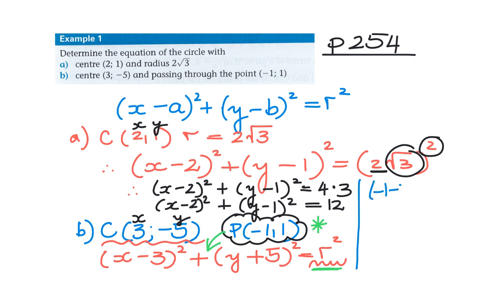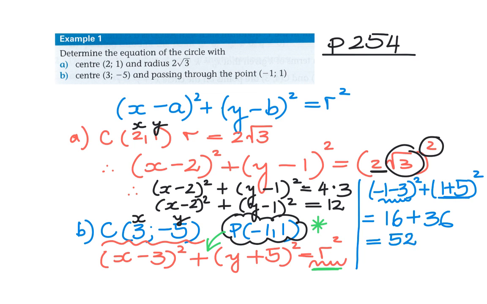Minus 1 minus 3 is −4, squared is 16, plus 6 squared is 36. So we get this equal to 52. So my r² is 52. r will be the square root of 52.